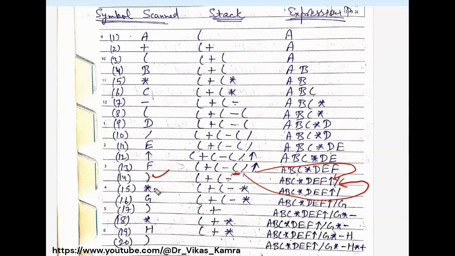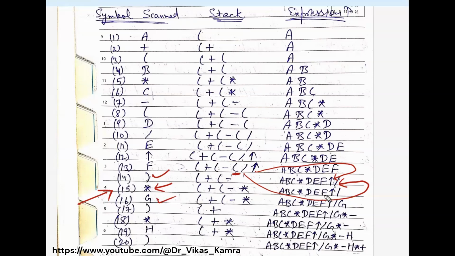So now once again star is coming. This star represents the operator, but on stack minus is there. The operator on the top of stack has less priority as compared to the operator which is coming. So star is pushed, but no pop operation of minus is done.